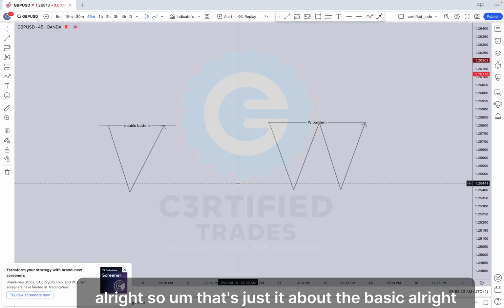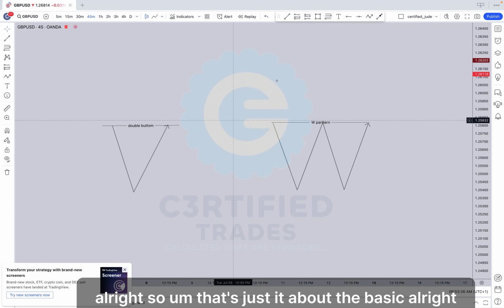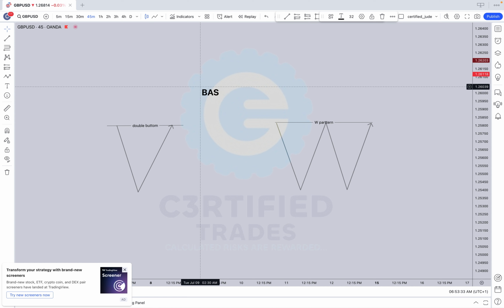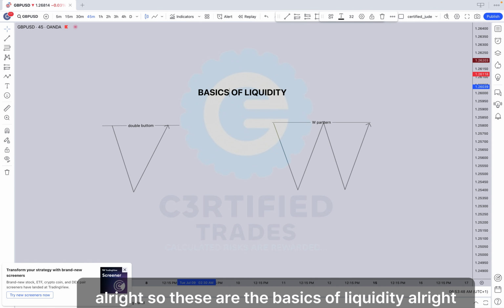So that's it about the basics. Let me put that down so we won't mix it up. These are the basics of liquidity.